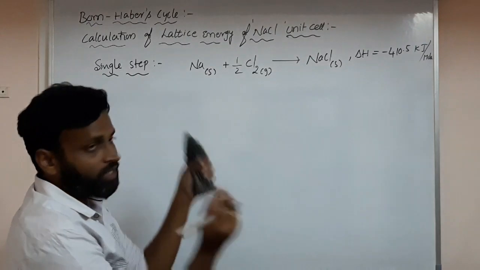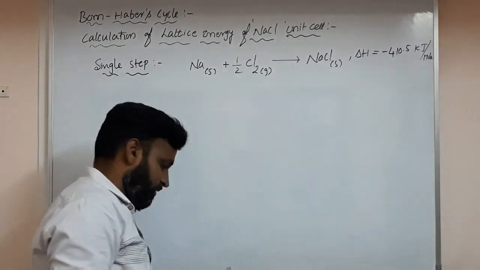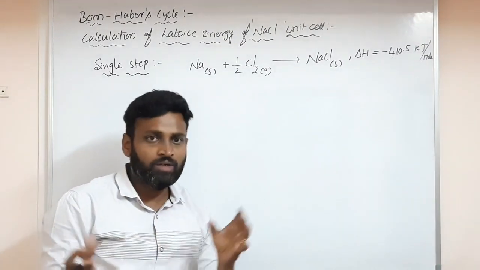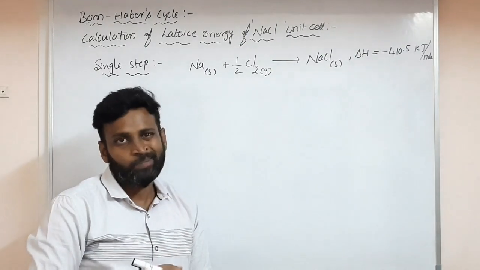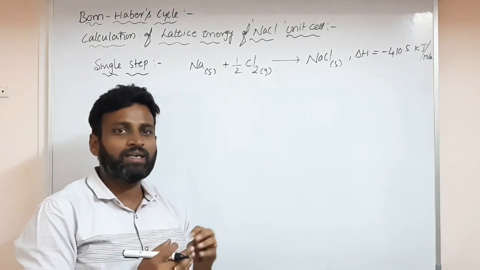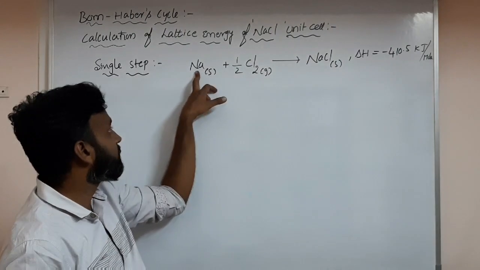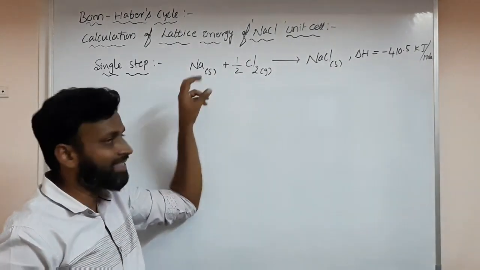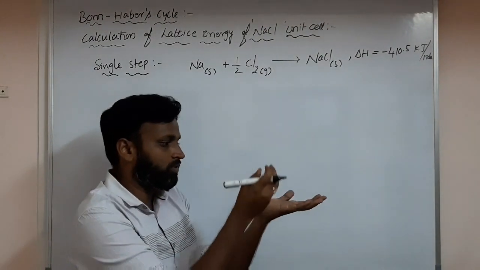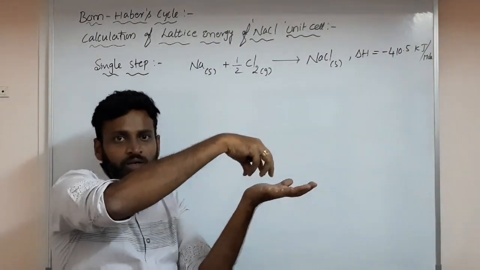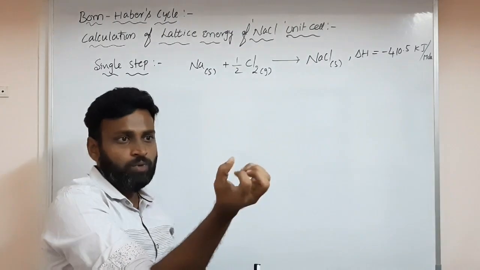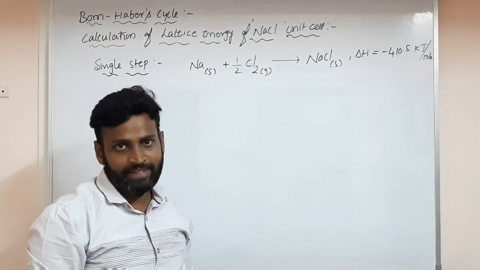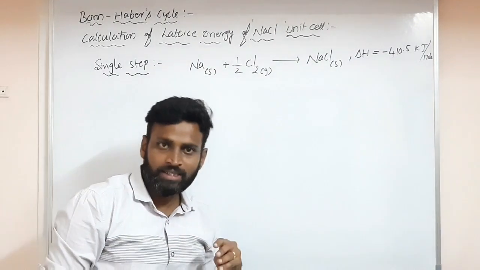Sodium metal is available in our market. Some chemical companies store this sodium in kerosene because it is highly reactive. If sodium is exposed to air, it will react easily and may explode. Understood?